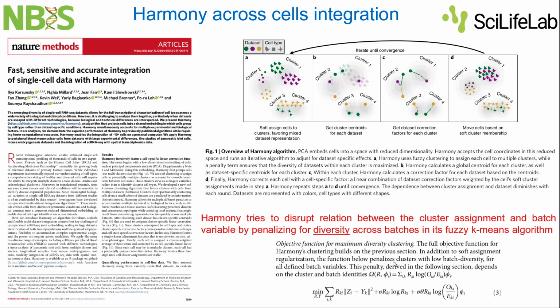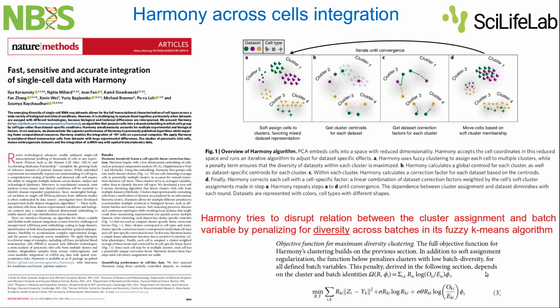The function below penalizes clusters with low batch diversity for all defined batch variables. So basically, clusters with low batch diversity are not preferable from the point of view of this algorithm. So that's actually the whole idea.